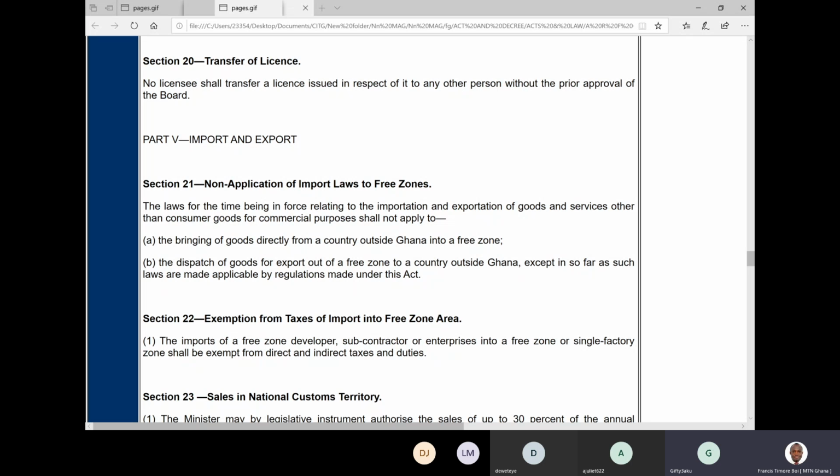So what it means is that every direct and indirect tax is exempt on those items. So I'm not supposed to charge VAT, and a whole lot of others. You get it?